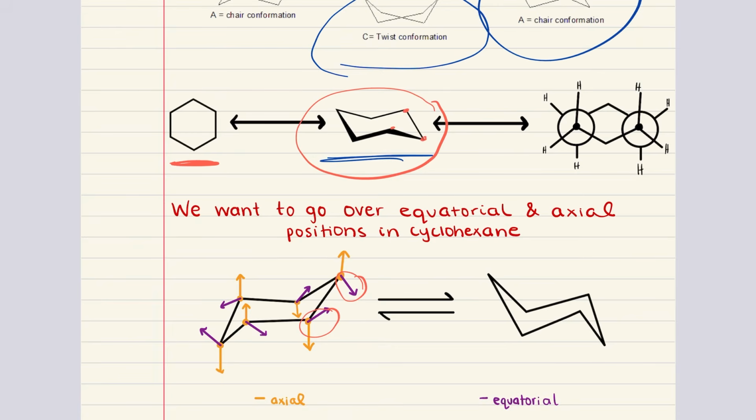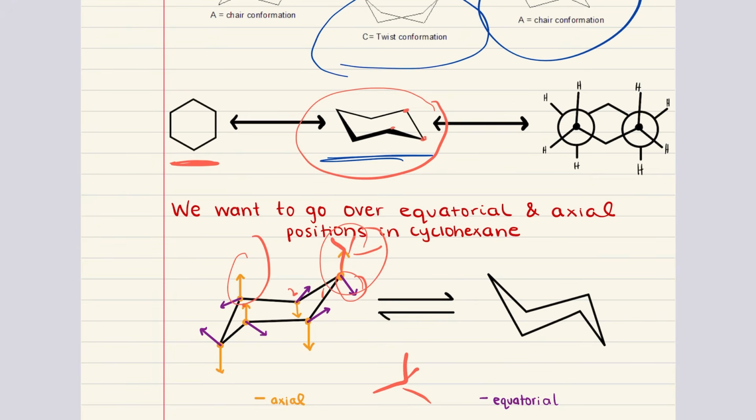For instance, a bulky substituent like a tert-butyl group in the axial position is going to create destabilizing 1,3 diaxial interactions. And these are steric clashes with other axial hydrogens on the same side of the ring.